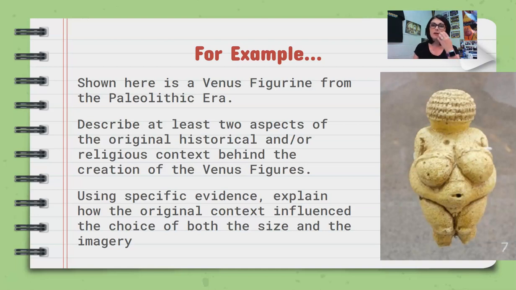Her face is covered, but it's about the idea of women as cyclical and having this power of creation, the same way that the seasons have this power of creation. So it's the how it looks because of what was going on at the time. All right, so what was happening in the history that impacted how the art looks, the size of it, the form of it, etc.